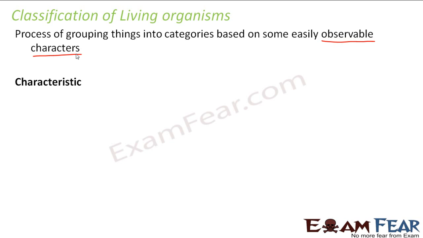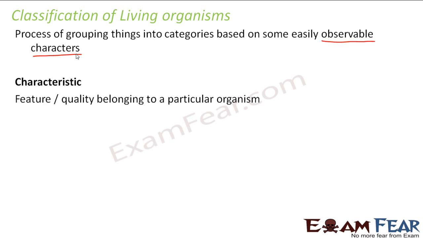Before we go ahead with classification, let us try to understand what a characteristic is. What do I mean by characters or characteristic? It is a feature, a quality belonging to a particular organism. Whenever I talk about any organism, it will have certain features which are very specific to that organism.